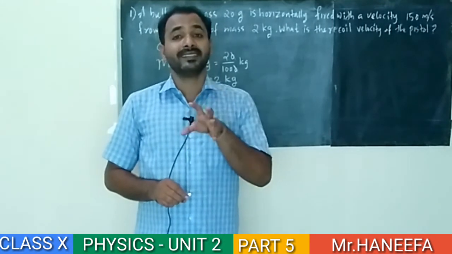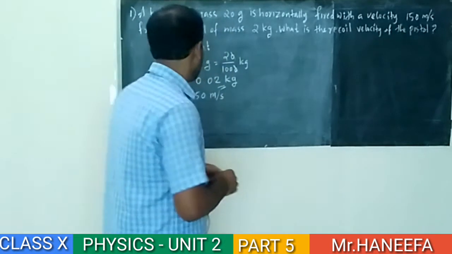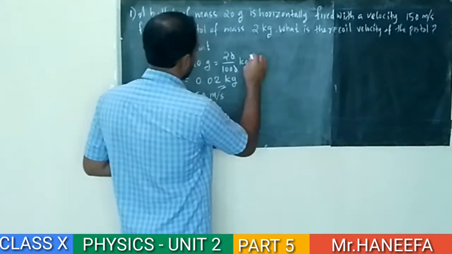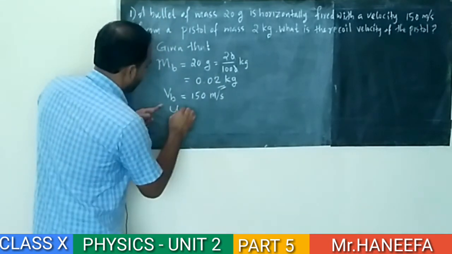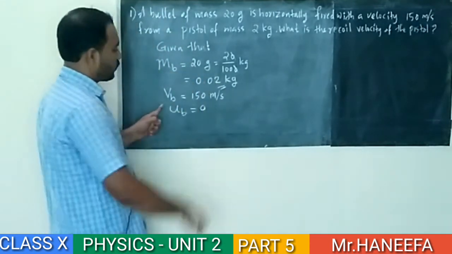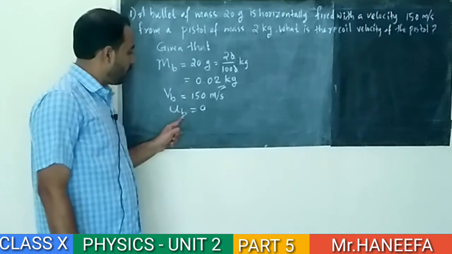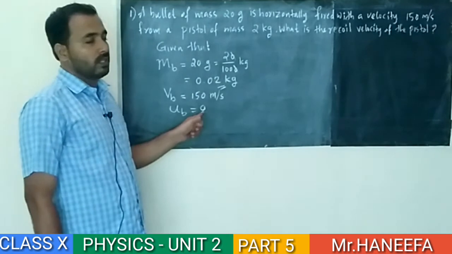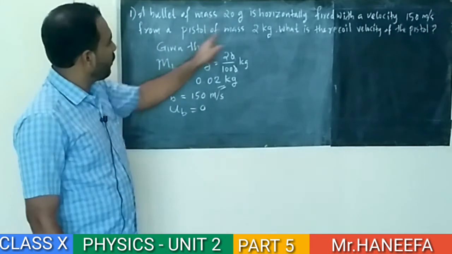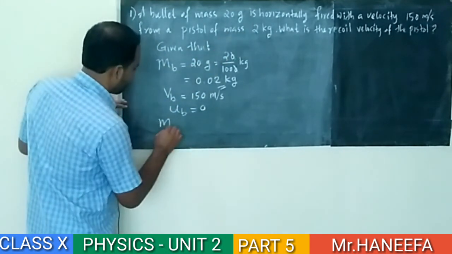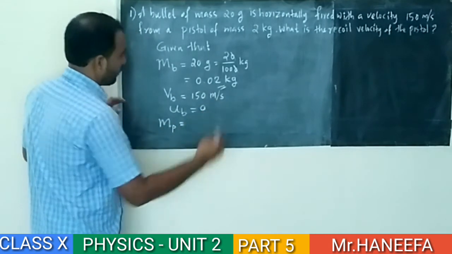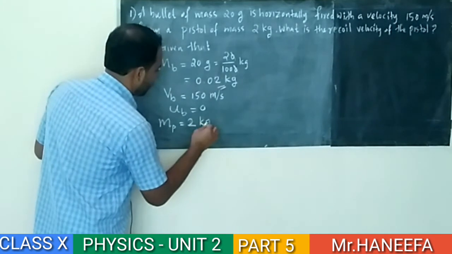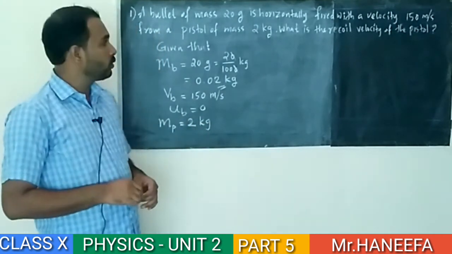We know that at first, before firing, the bullet and pistol are at rest. So we can write ub equal to 0. Before firing, the initial velocity of the bullet equals 0. Then the mass of the pistol is 2 kg.